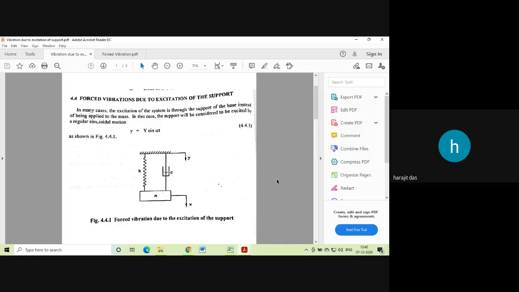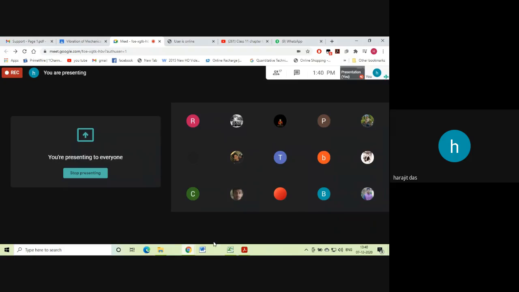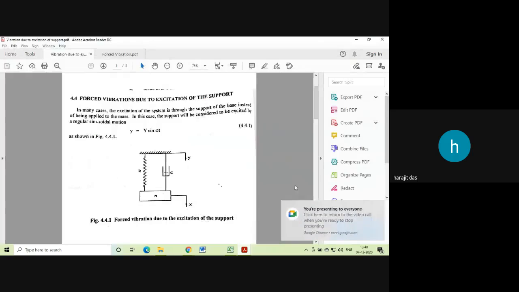Though the support is fixed, it is not mandatory that the support may not vibrate. Sometimes the support can also vibrate, and we will see the effect of the motion of the support, or the frequency of the support, on the system.